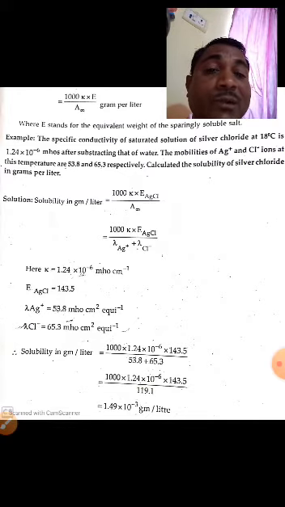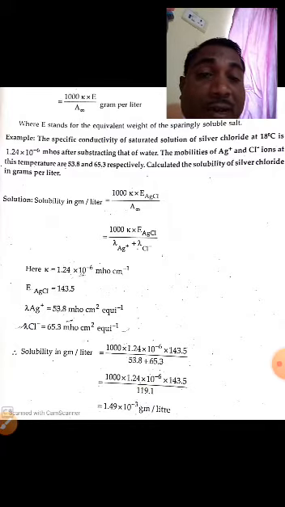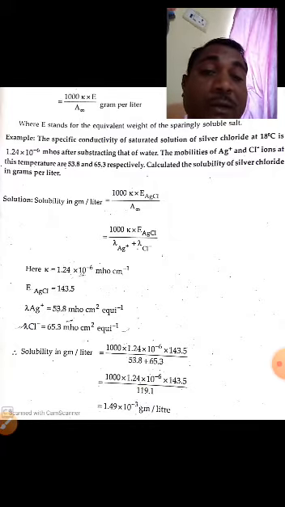The mobilities of Ag positive ion and Cl negative ion at this temperature are 53.8 and 65.3 respectively. Calculate the solubility of silver chloride in gram per liter.